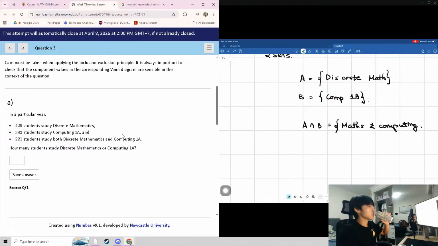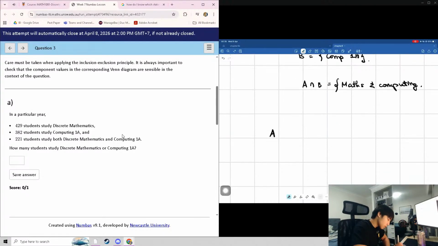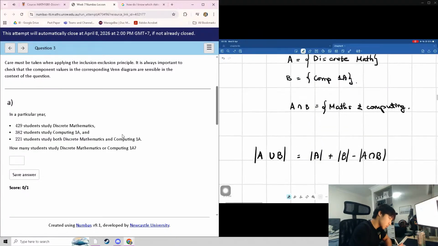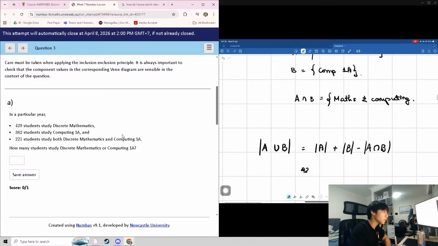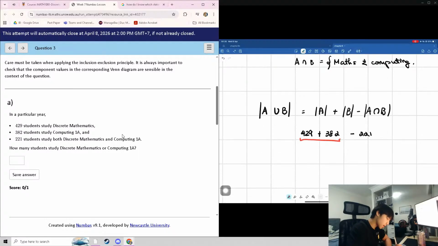So it's A union B, which is A plus B minus A intersection B. These are the easier ones, but it's 429 plus 382 minus 221. If we think about it, we're double counting, and so we subtract one count.